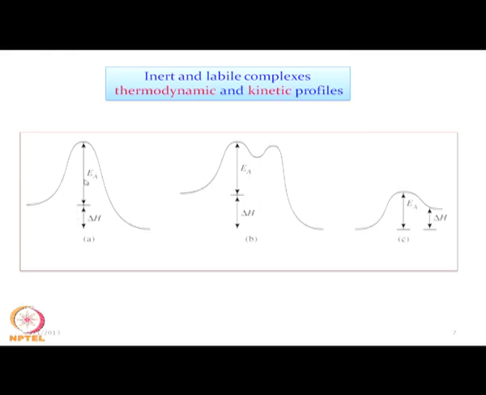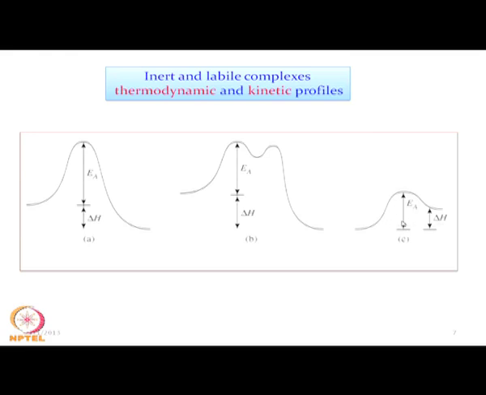In these two cases the E A values are large, that means we get very slow reactions, though they are thermodynamically stable. So it has a large equilibrium constant, thermodynamically stable, but a very slow reaction. So it is a very inert compound. So, the complexes are typically inert.